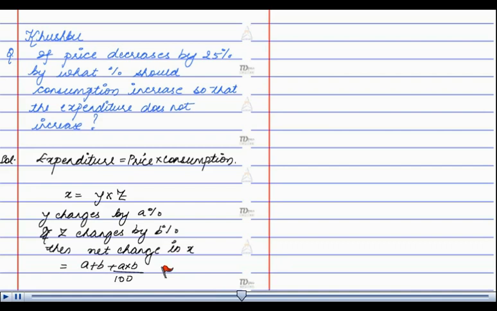In the question it has been given that price decreases by 25%. That is, a is minus 25, and let b be x. That is, the consumption increases by x%.